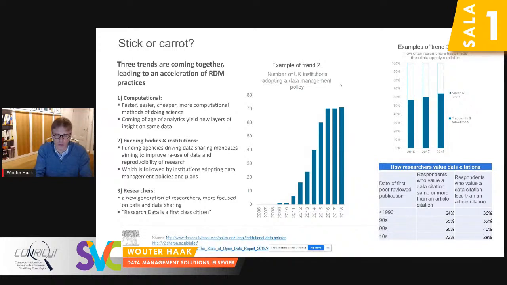And why? It's because of the computational increase. It's because domains in science are starting to merge, and data from adjacent domains needs to be combined to get to the next breakthrough. So obviously this is a trend.